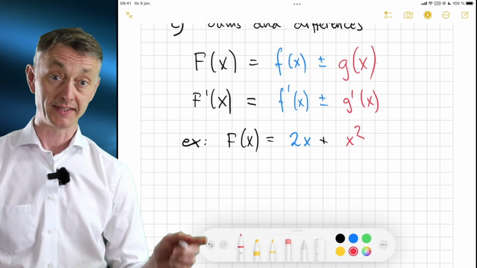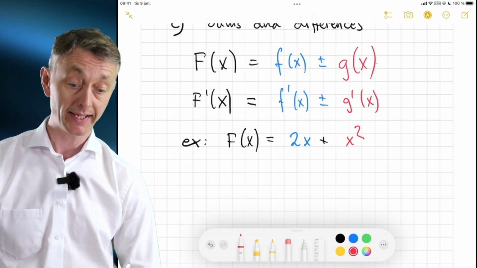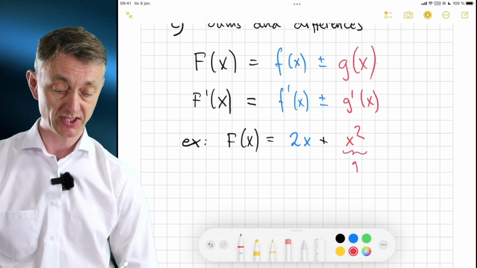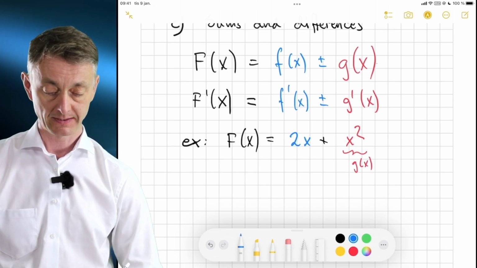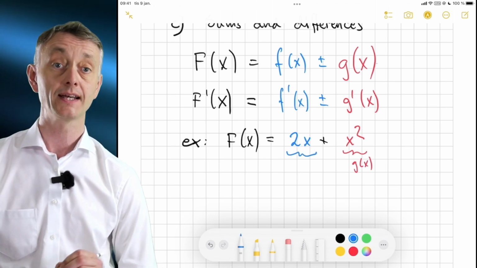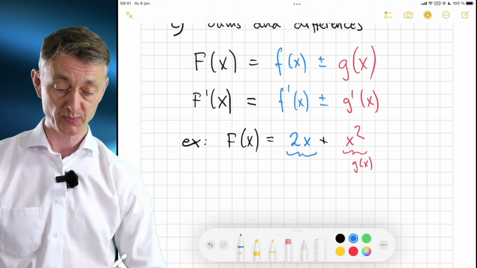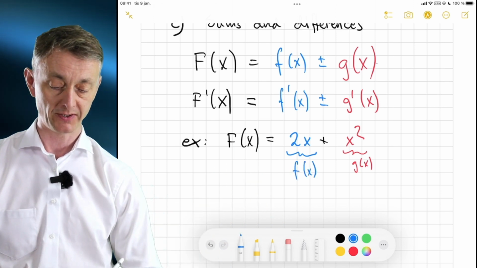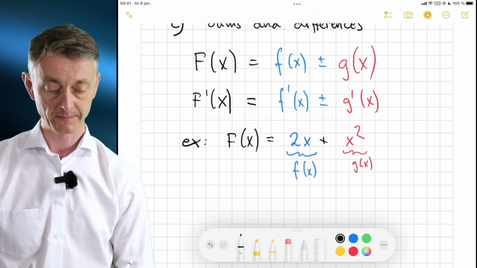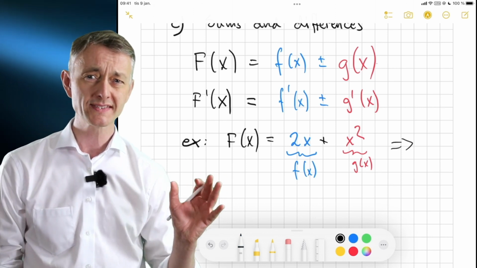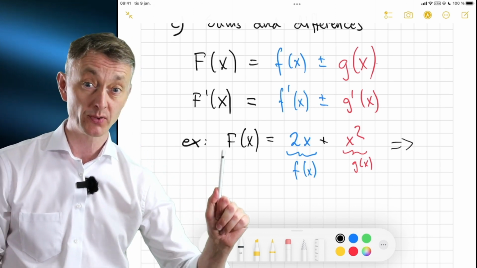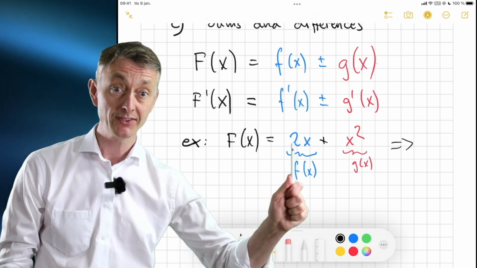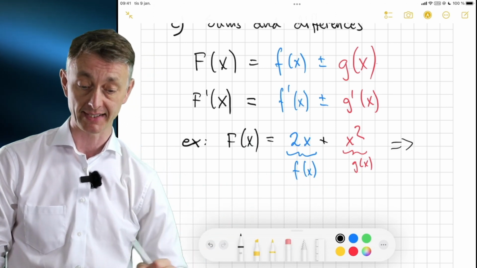Now, x squared could correspond to g of x, and 2x would correspond to f of x. So what is the derivative of this function with respect to x when we have two functions of x added together like this?